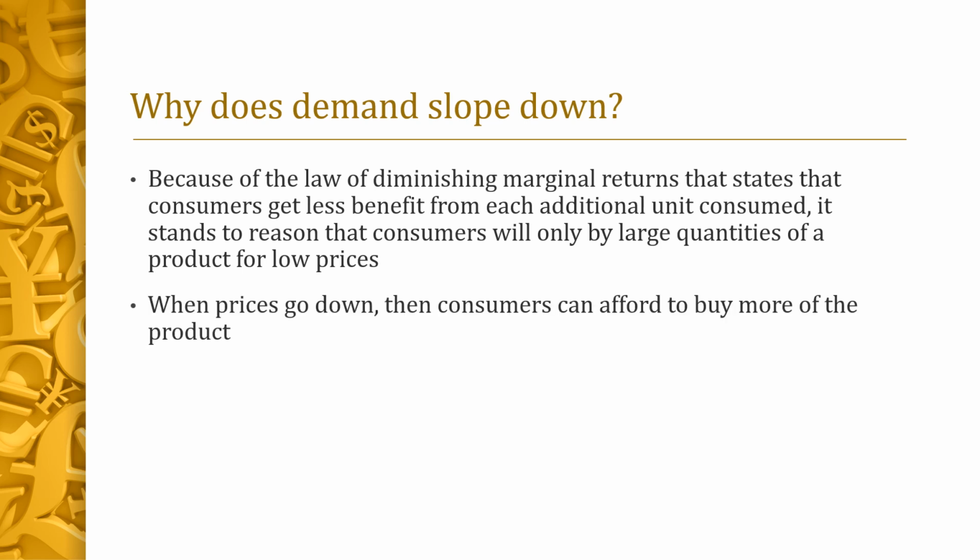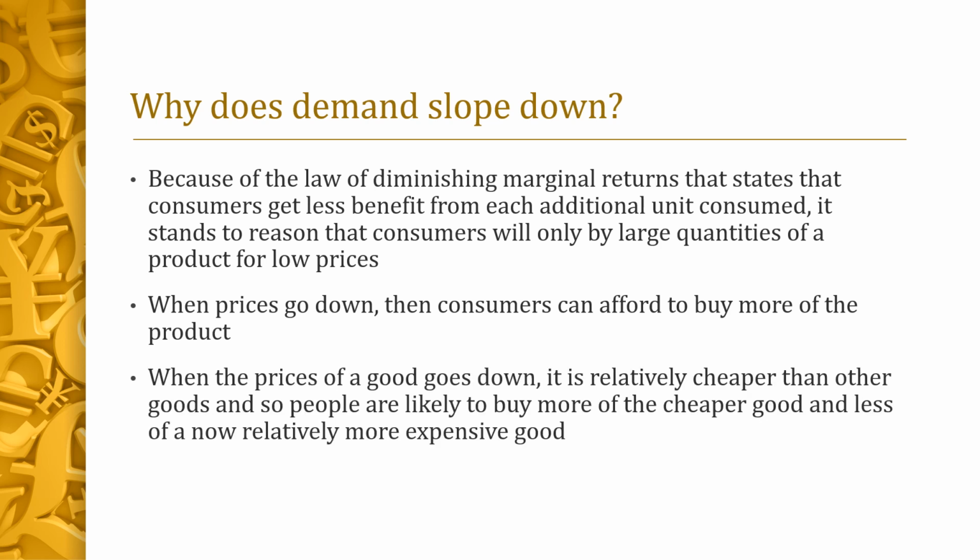When prices go down, then consumers can also afford to buy more of the same product. When the price of a good goes down, it is also relatively cheaper than other goods, and so people will likely buy more of the now cheaper good and less of a now relatively more expensive good.